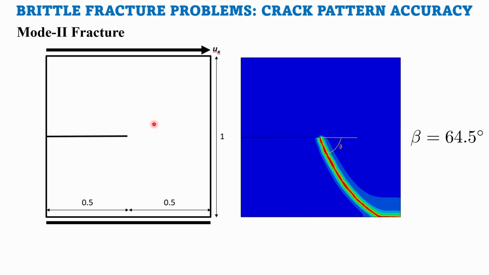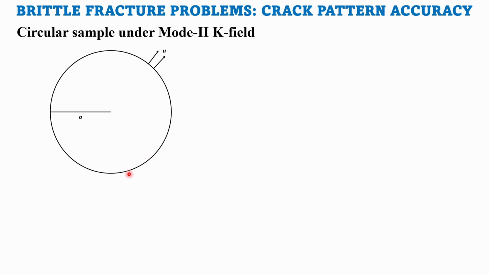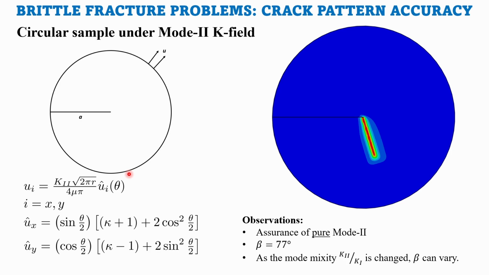So here it is very difficult to ensure pure mode 2. But if you give your boundary conditions this way, using angular functions, you are almost certain that you are imparting pure mode 2. That's why we are assured of pure mode 2. Beta, we got 77 degrees. And as the mode mixity K2 by K1 is changed, beta can vary.